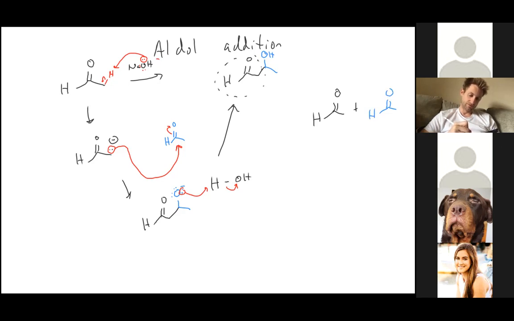And you can see that those two components are still there. You can count the carbons on them to give us these two products. Let's do another one of these.